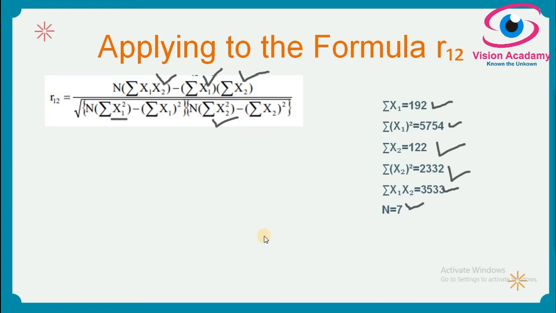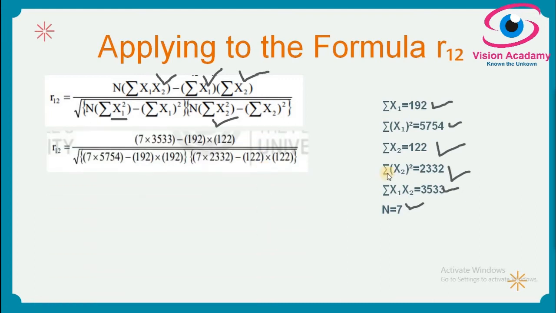So let us replace these values in the formula. Here n is 7, summation x1 x2 is 3533, summation x1 is 192, summation x2 is 122, and n is the number of observations.